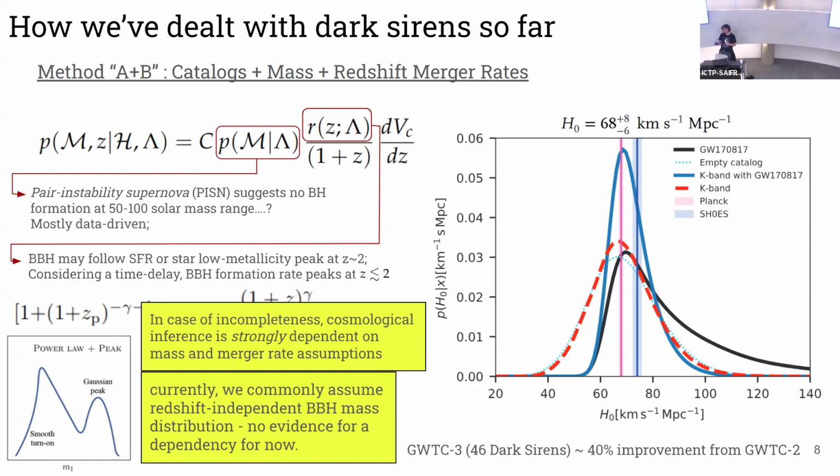And again, we don't have any idea if this mass distribution that we're using is the right one. So that's a problem. Another problem is that we are assuming that the distribution is redshift independent. For now, we have no motive to believe this is true, because we have only probed very low redshifts.